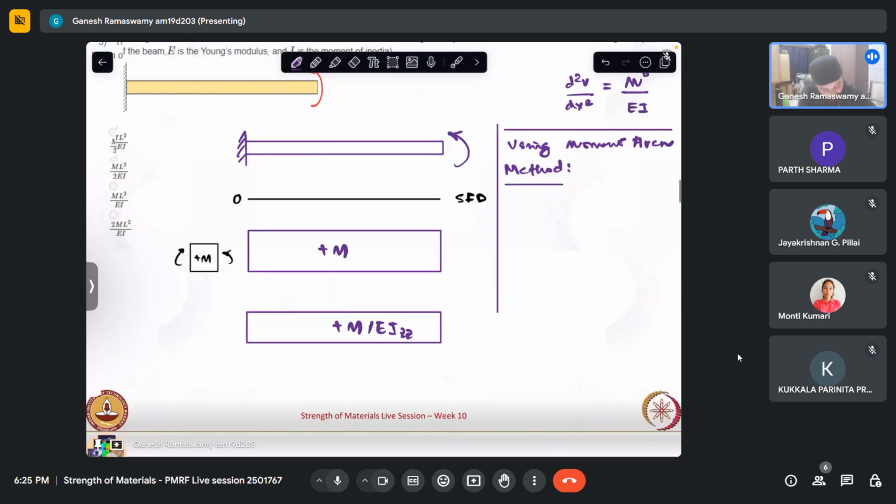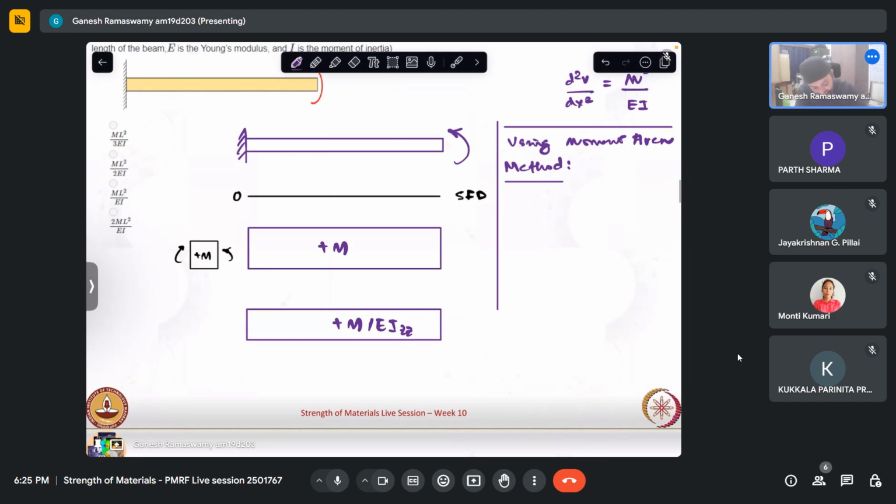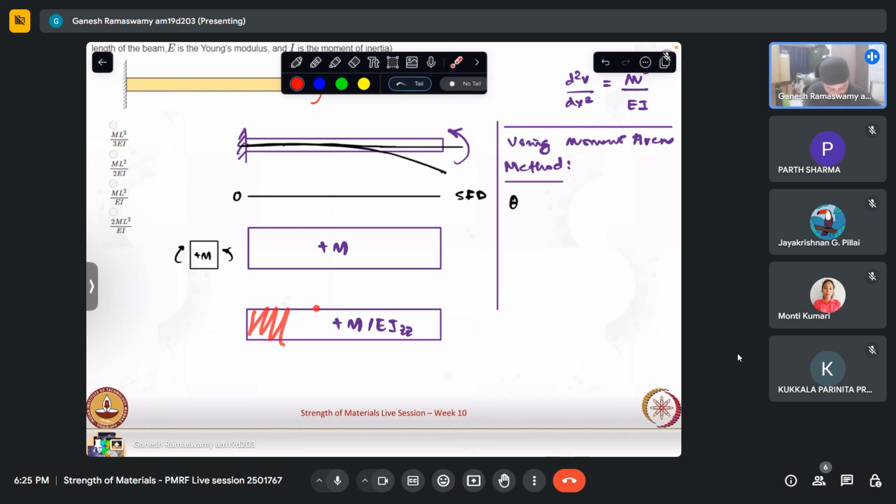So what does this say? That if there is an elastic curve like that, and this is my axis, the slope between any 2 points is given by the area of the M by EI diagram between those 2 points.